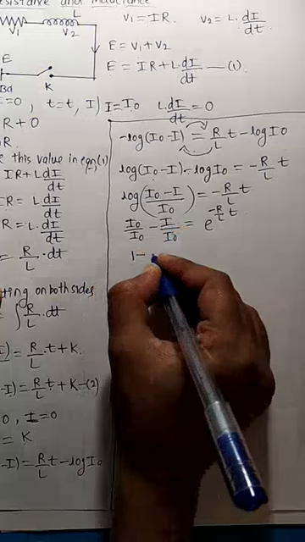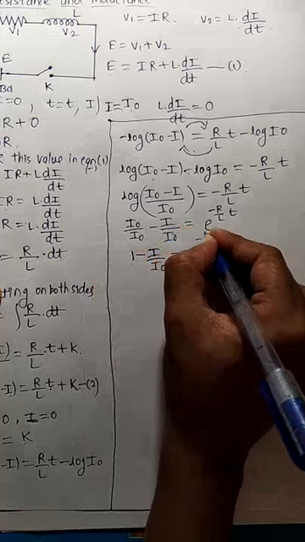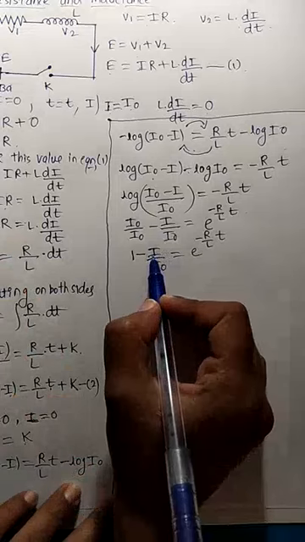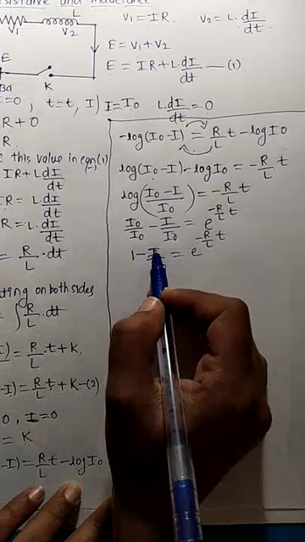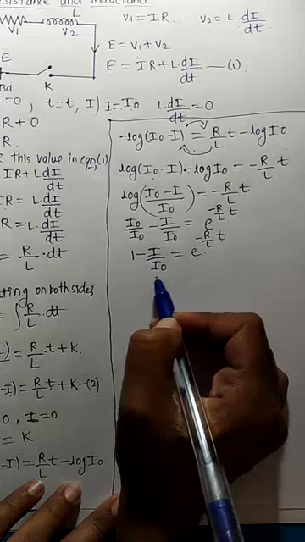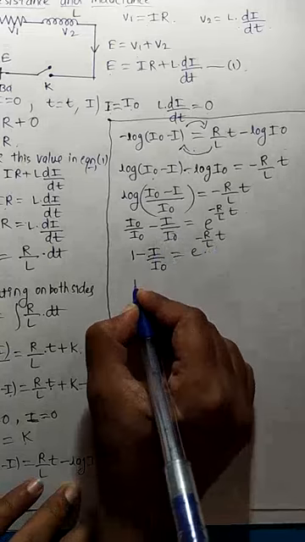1 minus I by I naught is equal to e raised to minus R by L into T, the value we got. Now, in terms of I, we want to see. This term I will take to this side, and this term to that side, so it will become positive. So what we will get?